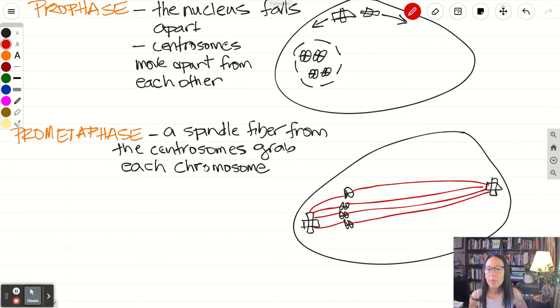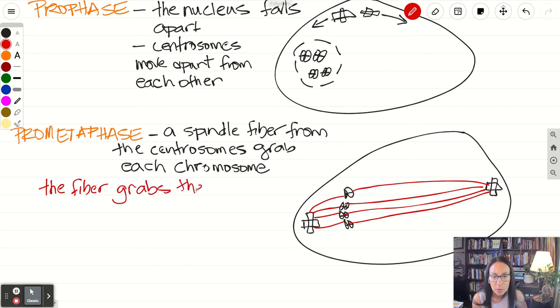And so the spindle fiber is going to grab the kinetochore on the centromere of each chromosome. Let's write that down. The fiber grabs, hold on, let me rewrite that.